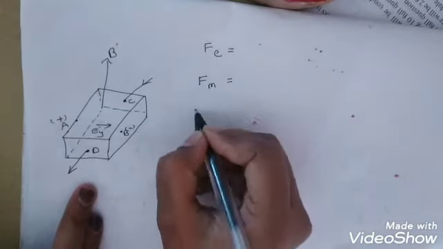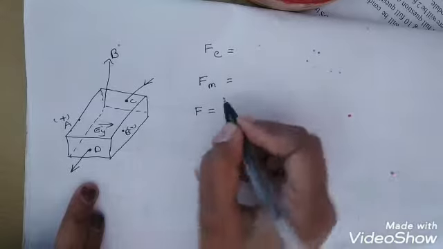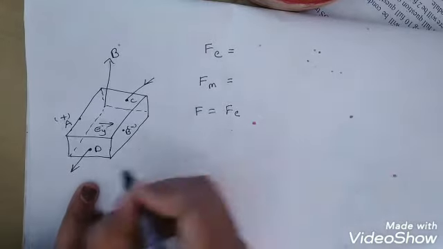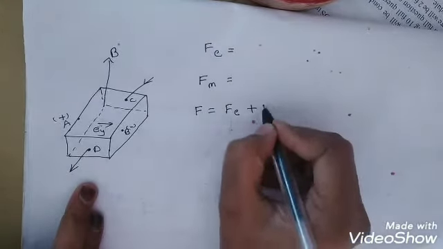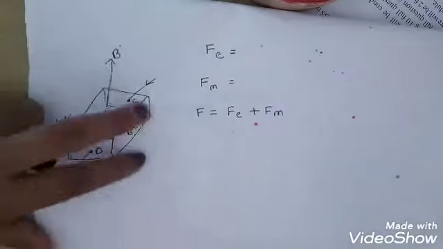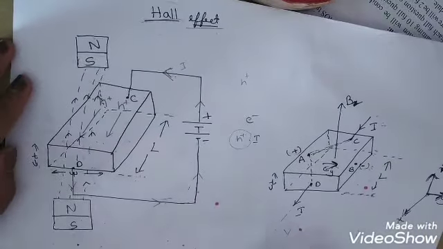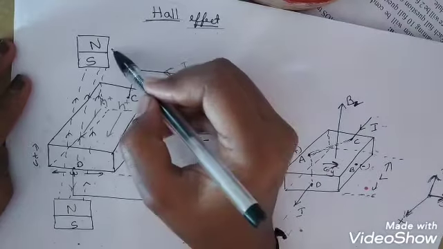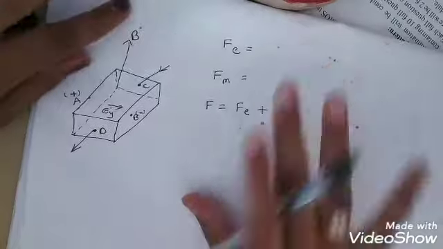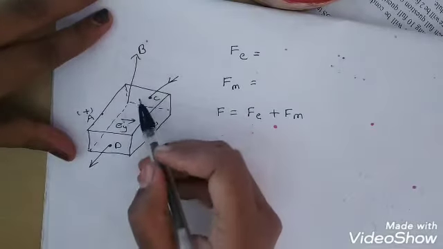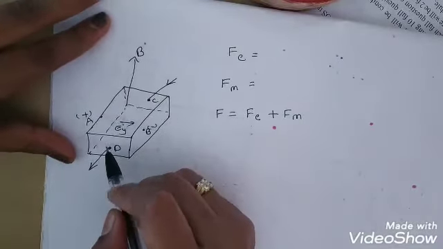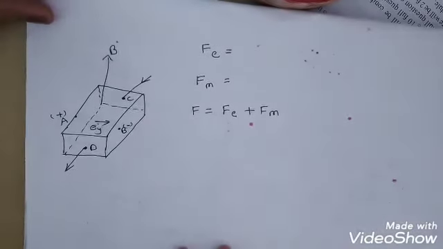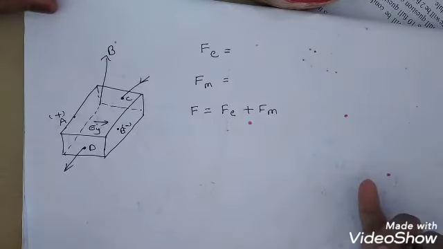So the total force experienced by a hole will be the sum of the force due to the applied electric field and the force due to the applied magnetic field. You can see from this figure that we are applying two forces on the hole which is moving in the particular semiconductor material. Why we are considering only a hole here is that we consider it as a p-type semiconductor material.